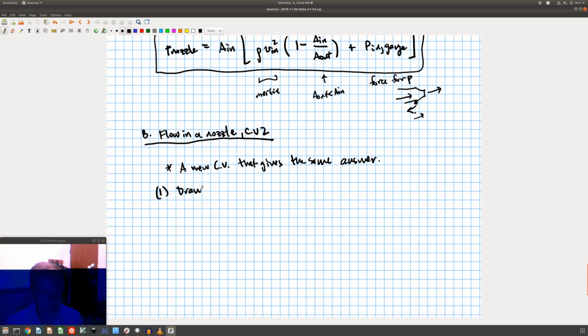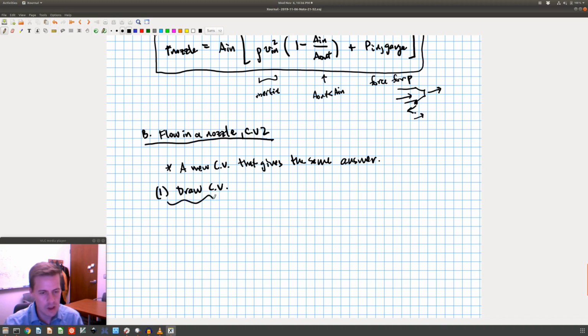The first step would be to draw a control volume. Maybe some of you, when you thought about this, drew your nozzle and drew a control volume that looked like this, just inside of the nozzle.